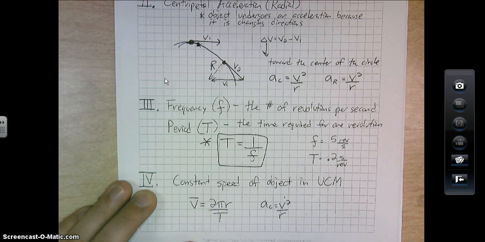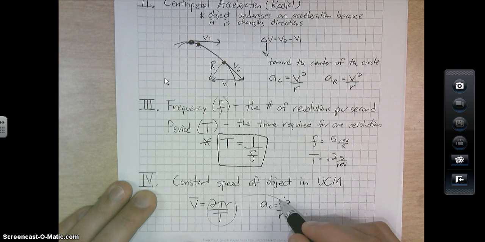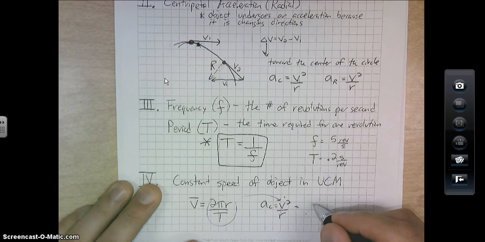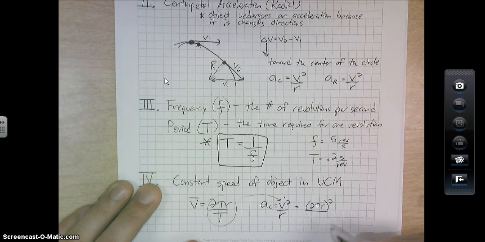Okay. Now, again, if we look at this particular equation, a_c is v squared over r. Oftentimes a useful connection that you might have is, what if I substitute this in for v? If you do that, then you would get 2 pi r over T, squared, over r, because I have to square this whole thing, right?